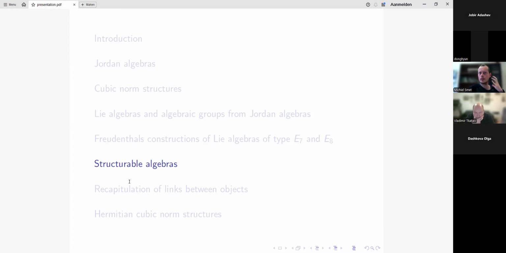So now I will go into structurable algebras, which will allow us to give a bit more detail for Freudenthal's construction, and the more general construction applied to a general cubic norm structure, and will also allow us to understand the Lie algebras one obtains a bit better.